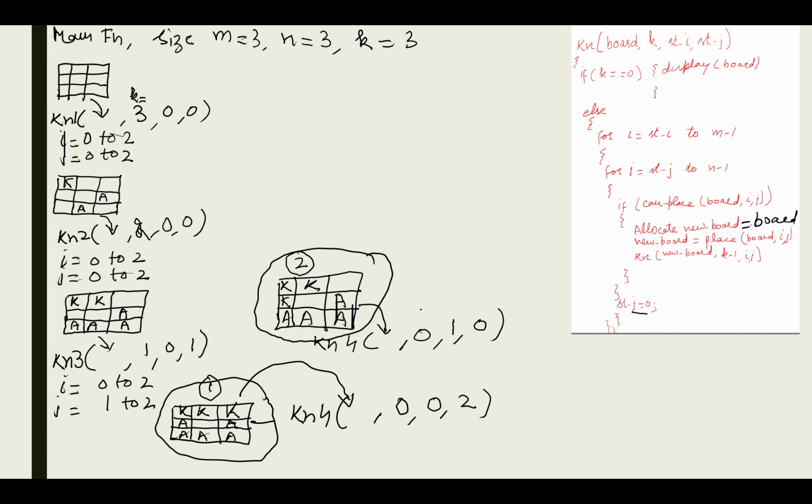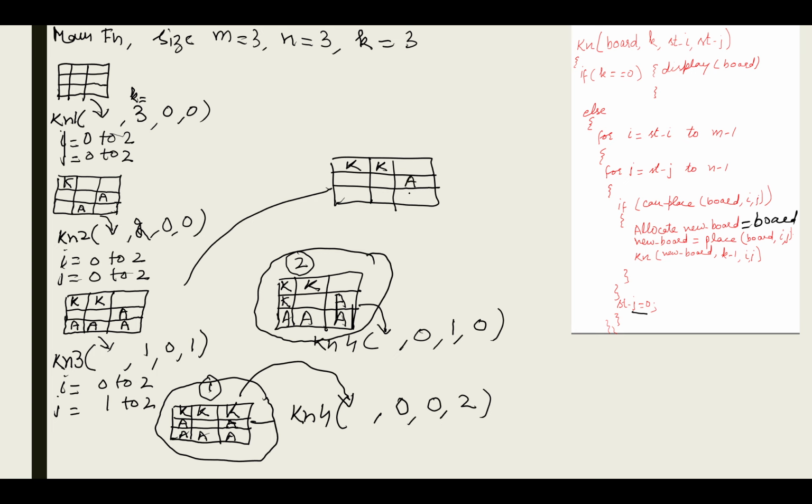After that Kn4 returns back to Kn3, and since there is a loop, it will again increment. Now it increments to 1, 1. Again we can place a new knight there, a new board will be generated, and we will copy all the previous positions.